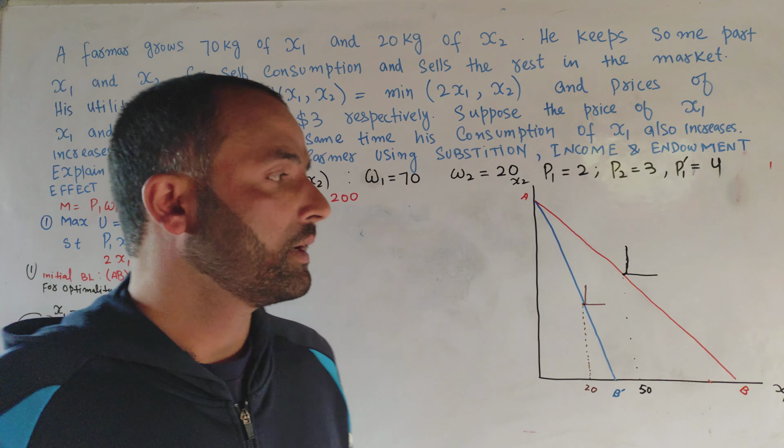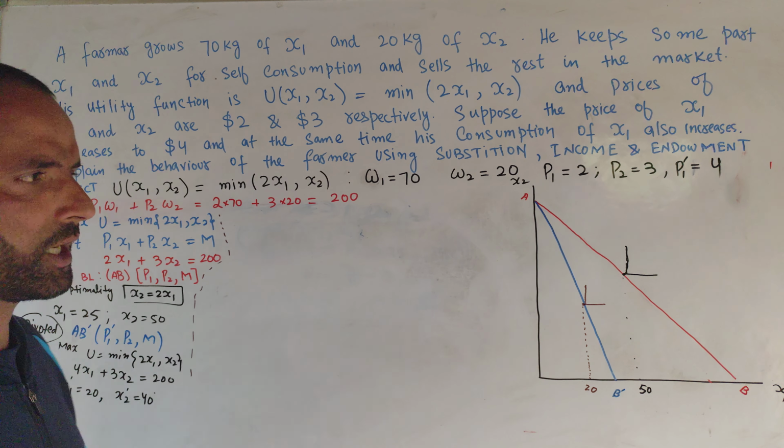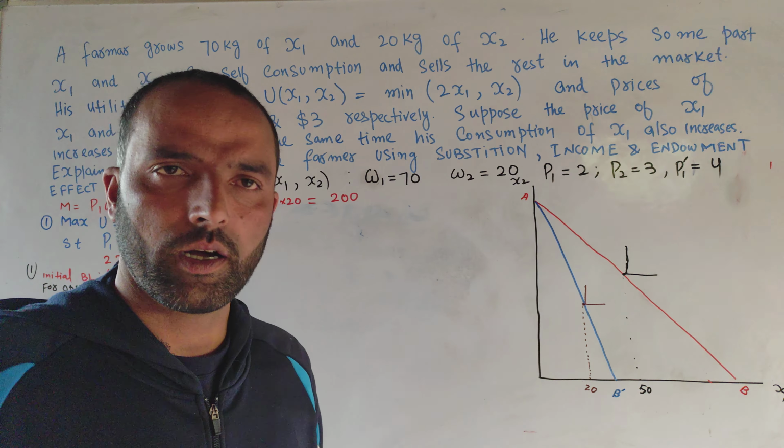So that he is able to demand the initial optimal bundle. Then I will explain the shifted budget line. Because we are compensating for any decrease in his quantity demanded. Rather, we are compensating him by the amount his income has decreased.